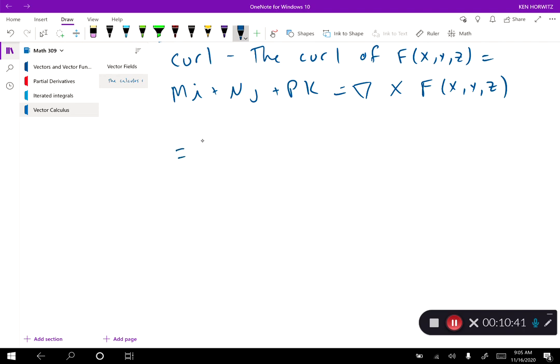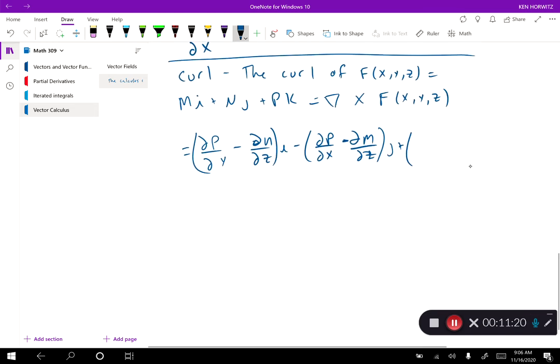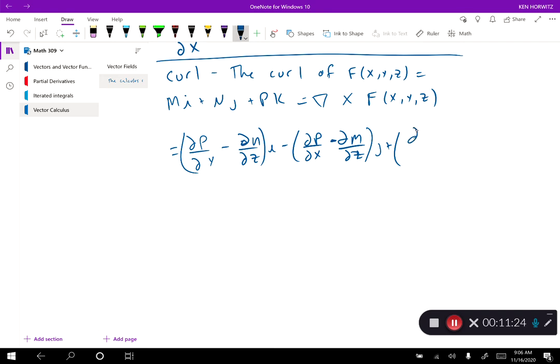This is going to equal the partial of P with respect to x minus the partial of M with respect to z, in the j direction, plus the partial of N with respect to x minus the partial of M with respect to y, in the k direction.